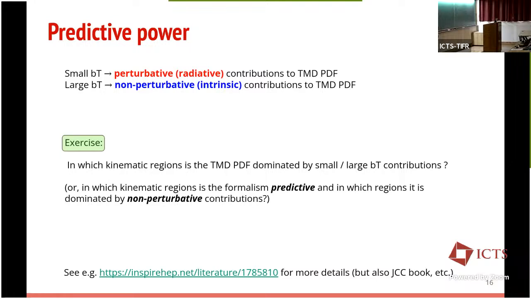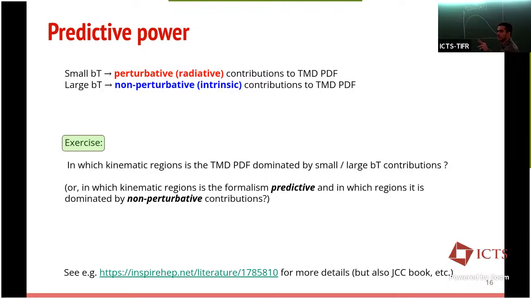In bT space, usually, so if this is bT, the distributions can look like this. So if the distribution in bT space is the following, what would you think?